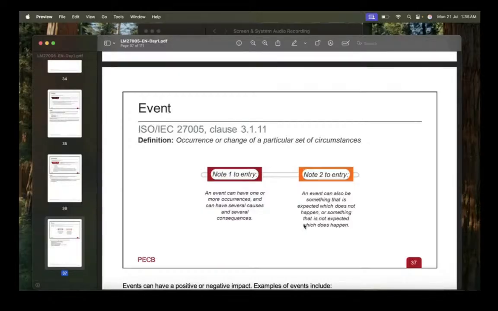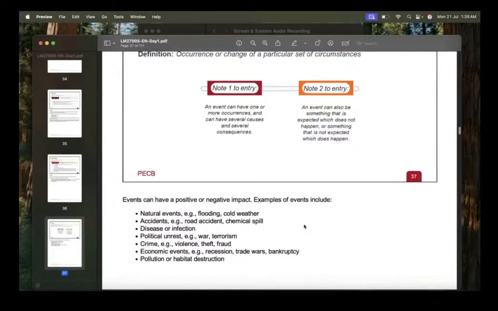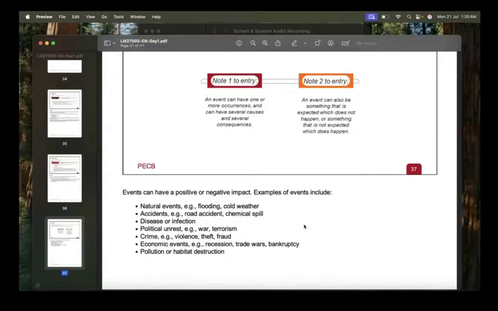And in addition to this, events can have different types of impacts. If we have a look here, what types of impacts can it have? It can have positive or negative impact. For example, a positive impact of an event is when a proper risk management system is used in any organization.